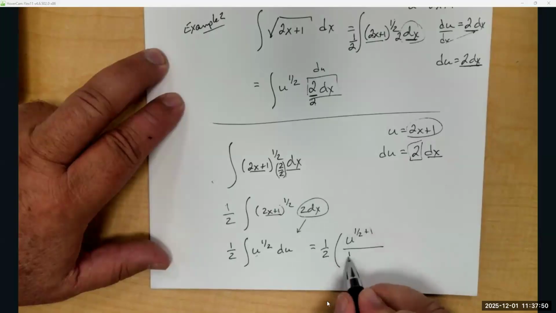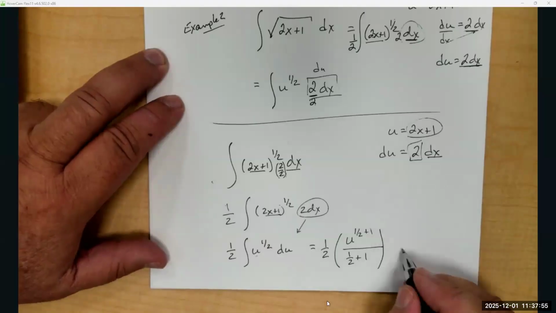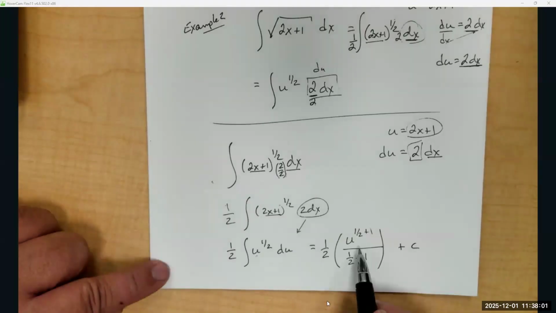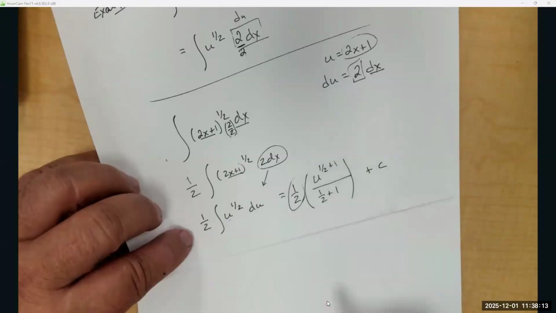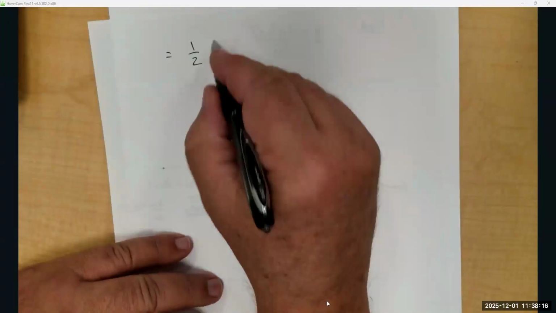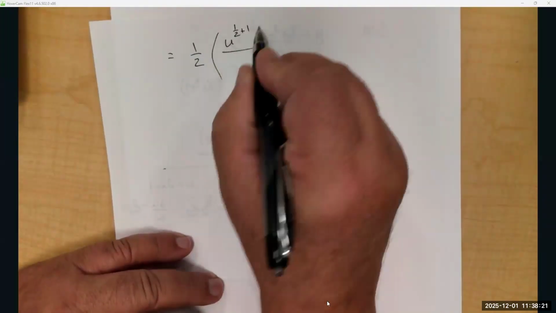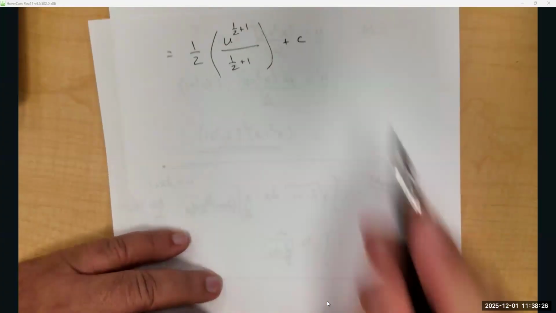Whatever's up there, since we're integrating, it goes on the bottom also. Plus c. So what is 1/2 plus 1? So here we have 1/2, that's the leading coefficient. Inside here, I have u to the power 1/2 plus 1 over 1/2 plus 1, plus c.